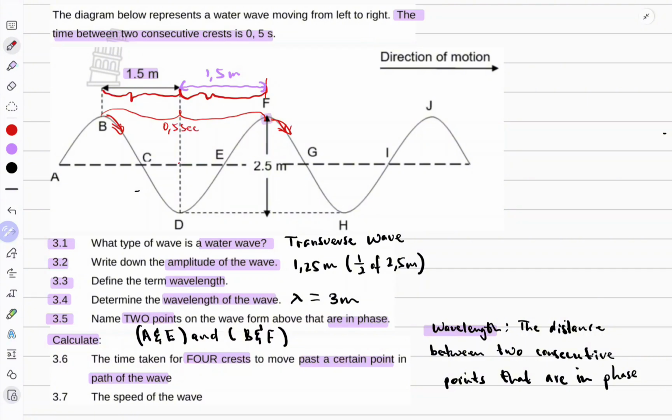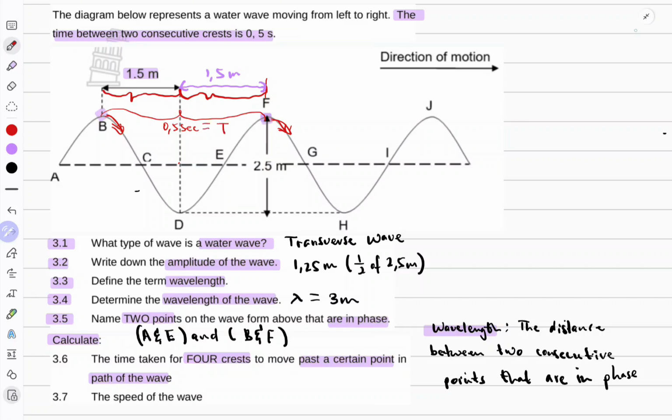You will recall that B and F are points that are in phase, and because B and F are points in phase, it means that from B to F it is a complete cycle, and it means that 0.5 seconds is also the period of the wave.